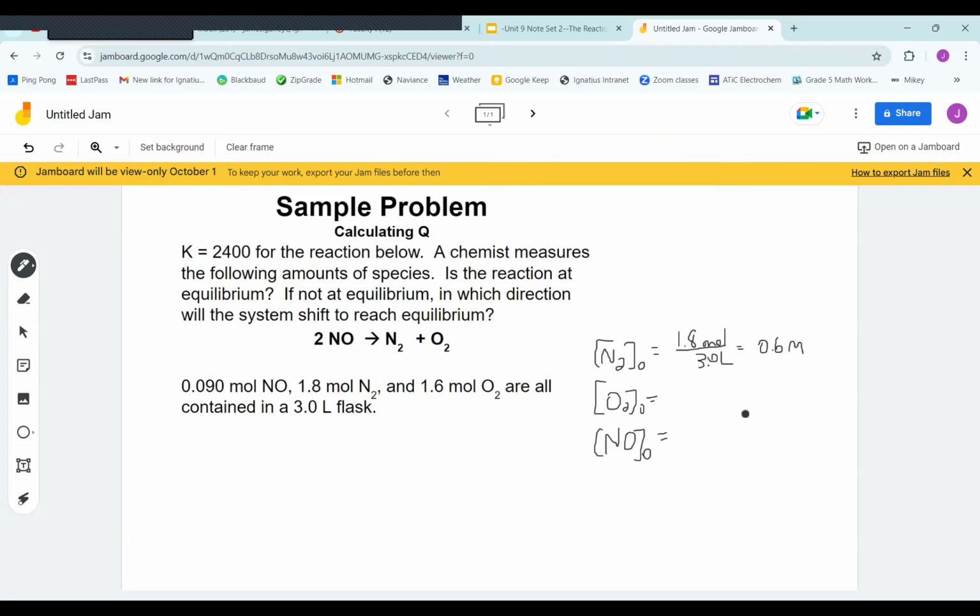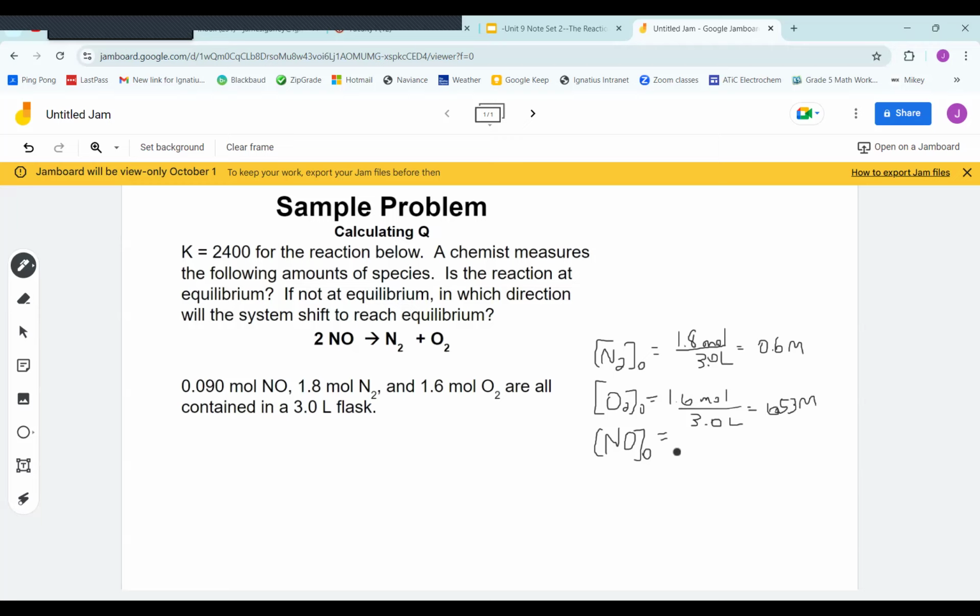So our initial concentration of N2 is 0.6. For the O2, let's see, 1.6 moles in a 3-liter container. Divide that out, we get 0.53 molar.